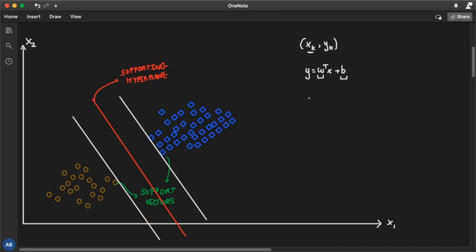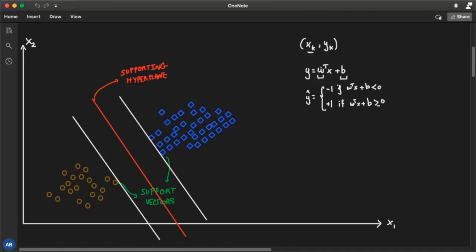So in other words, we say that my y hat is 0 if w transpose x plus b is negative, or instead of 0 we can assign a -1, and a +1 if point x lies on top of the hyperplane w transpose x plus b, right?